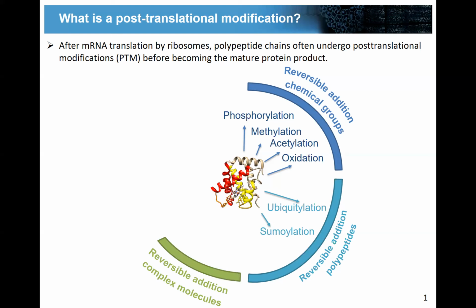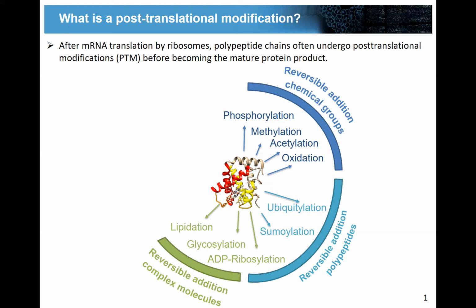Then we also have reversible additions of other complex molecules, which I mean not proteins, but other biomolecules. For example, attachment of lipids, and maybe even very large lipid structures on proteins, attachments of sugars and very complex sugar structures, attachments of ADP ribose.